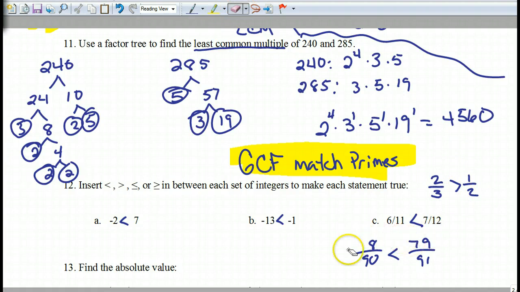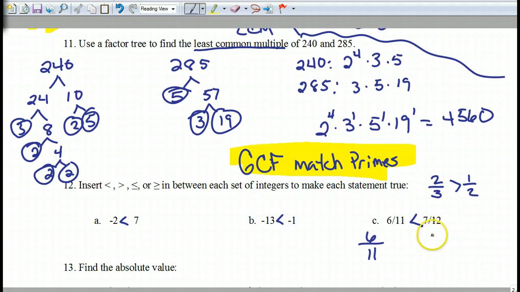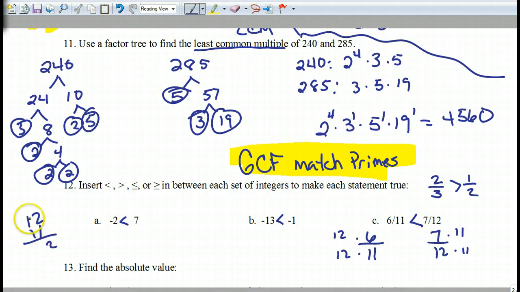So, if I take this one, good point. I don't know what my greatest common denominator is on this, so if I take both by 12 and this one by 11, all right, so 11 times 12 is what? 121?